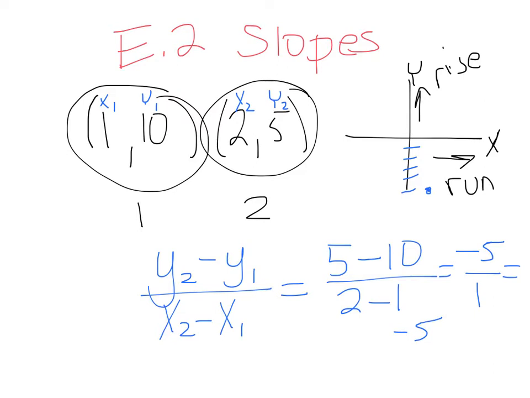Okay, let's look at a slope on a graph. If I have a line that goes through my plane, let's say at 0, 0, and at 5, 4.